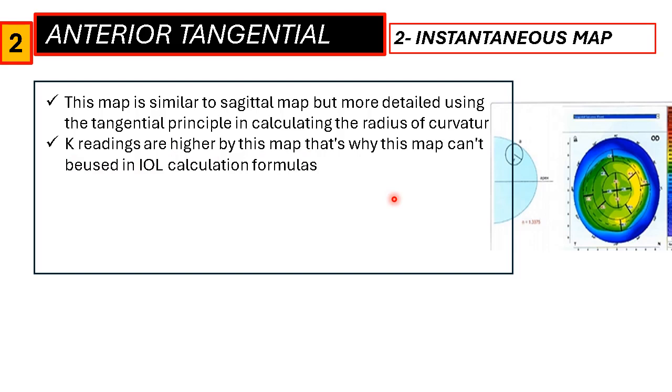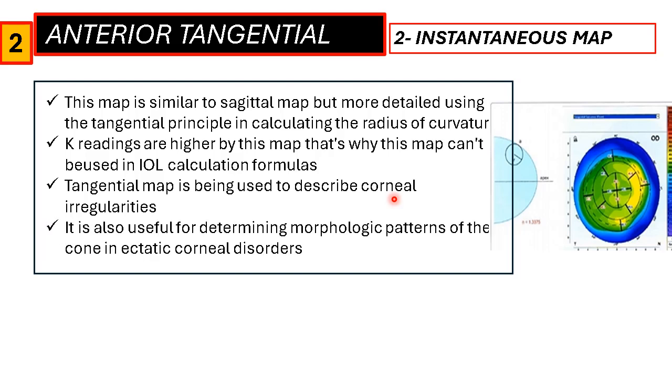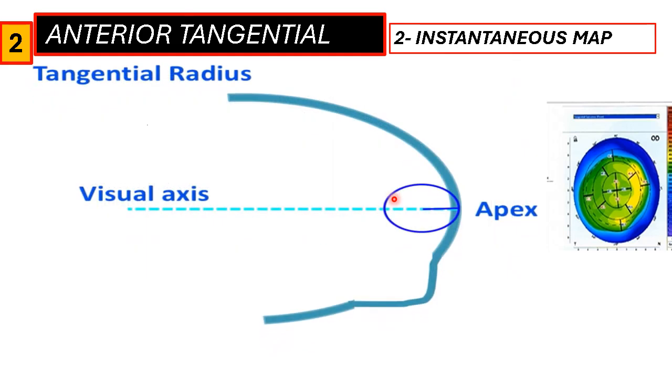And in the standard IOL calculation, they don't use the K reading from the tangential map for this reason. But the tangential map is very useful in describing the irregularities of the corneas, and also in having a detailed idea about the astigmatism, the pattern of coning and the morphology, and determining the type of cone as nipple cone or oval cone. So this is the advantage of the tangential map over the axial map.